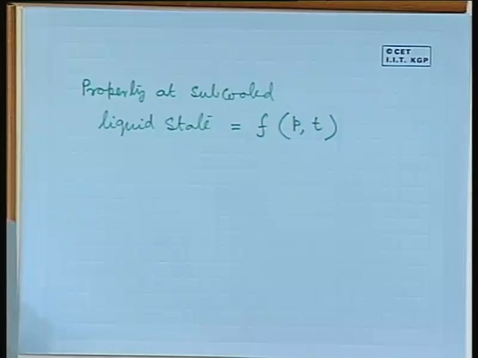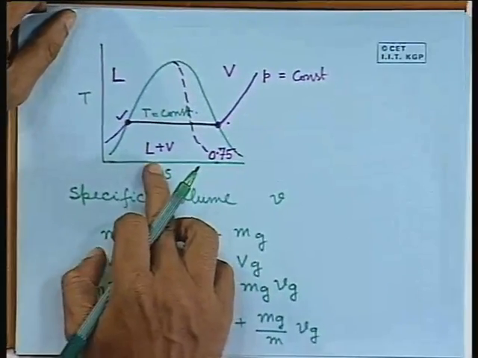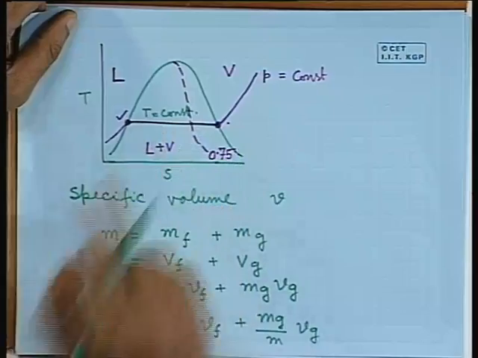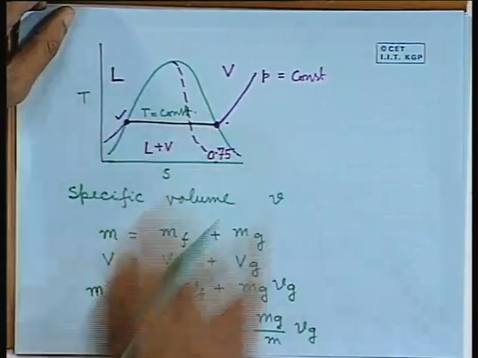Then we go for property of liquid and vapor. Here also I have already described how, using the saturated properties and the dryness fraction, the property at any point in this two phase region or mixture region can be determined. So, here also we do not have any difficulty.